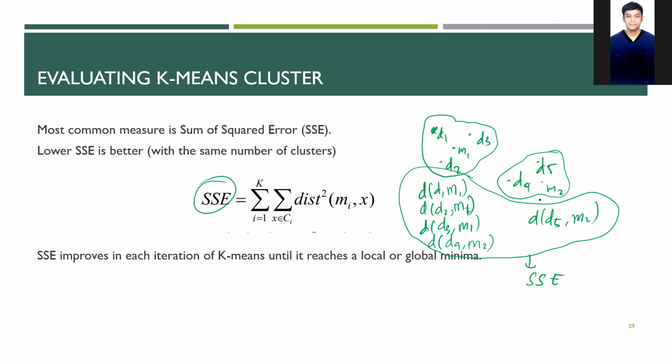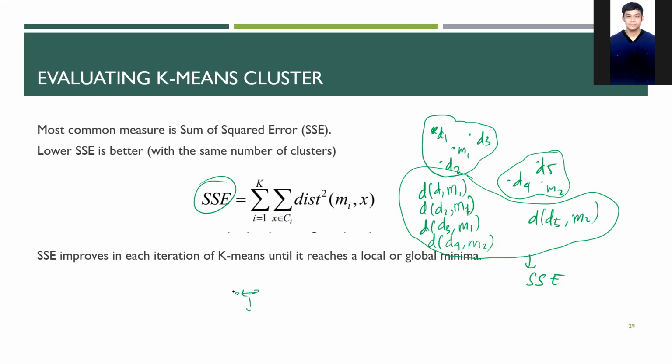And we prefer SSE to be lower. The smaller the SSE, the better the result. Why? Because if we go back to the main objective of clustering, we want the data in one cluster to be as similar as possible. Similar as possible means smaller distance.